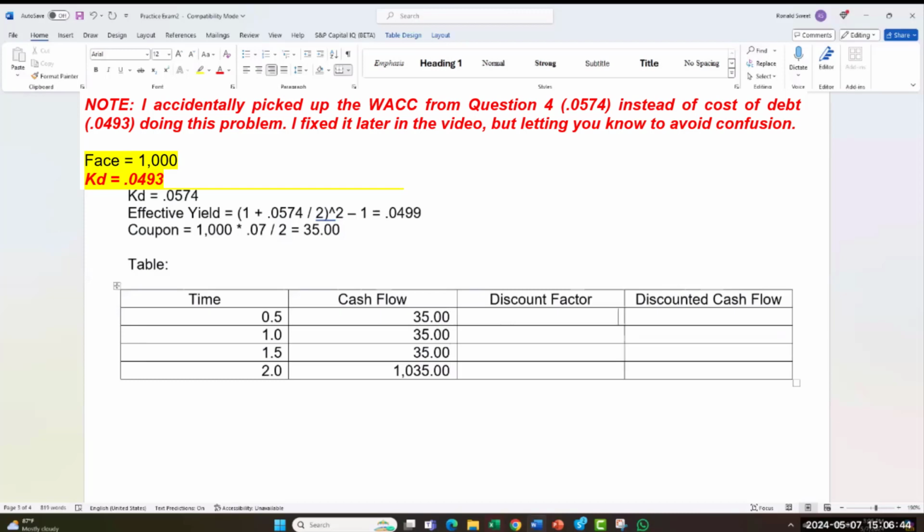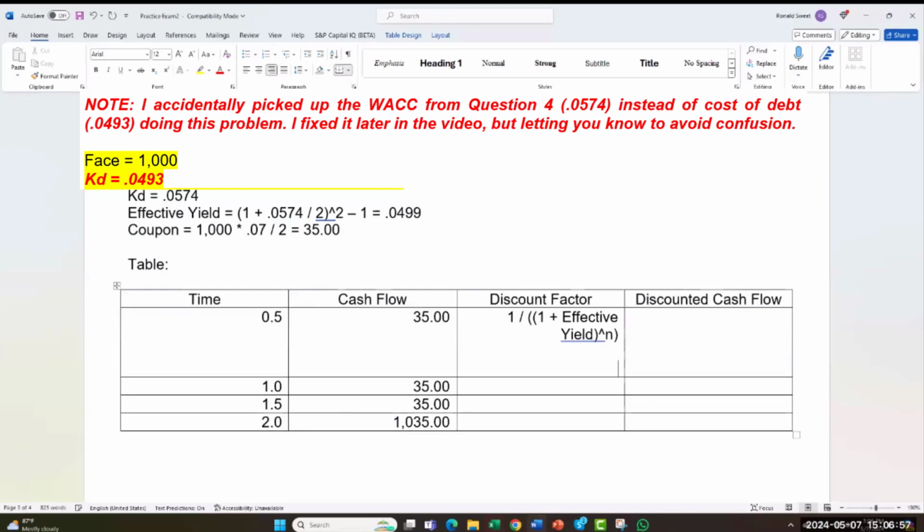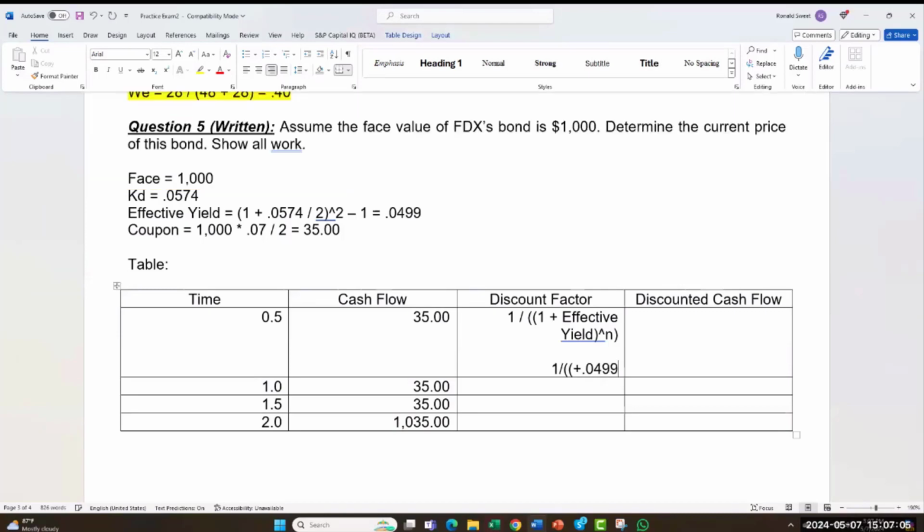Your discount factor is going to be 1 divided by 1 plus the effective yield raised to the time. Here's where I would definitely go out 4 decimal places. So 1 divided by 1 plus 0.0499 raised to the 0.5.